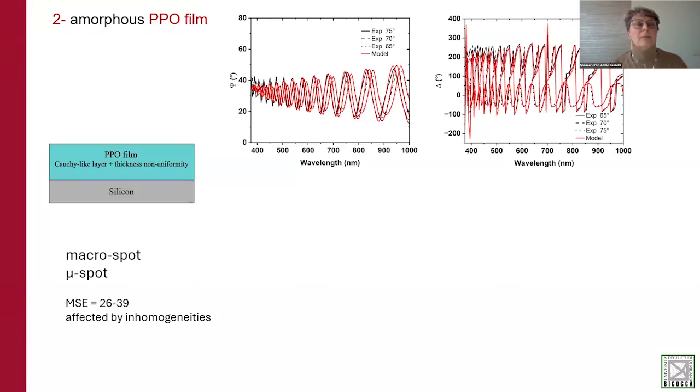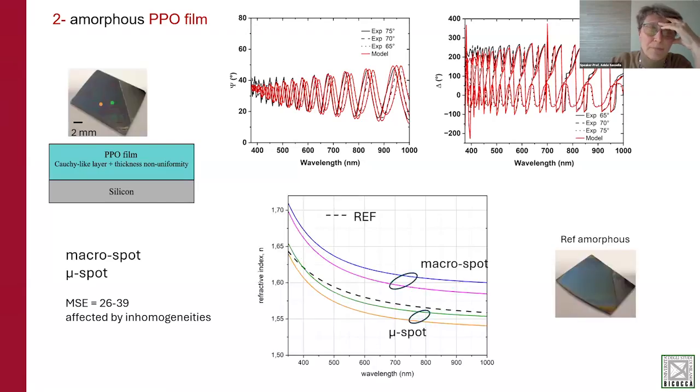So this is in some sense satisfactory, and we went to the other extreme, the amorphous film. Here the problem was limited, in the sense that taking silicon, then a Cauchy layer plus non-uniformity, we could get good results, even if one always thinks about having something better, with lower noise and lower errors. But we had to face another problem.